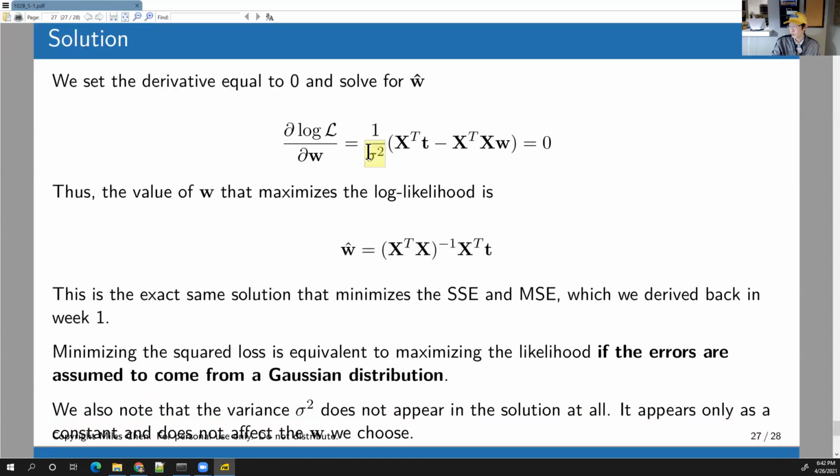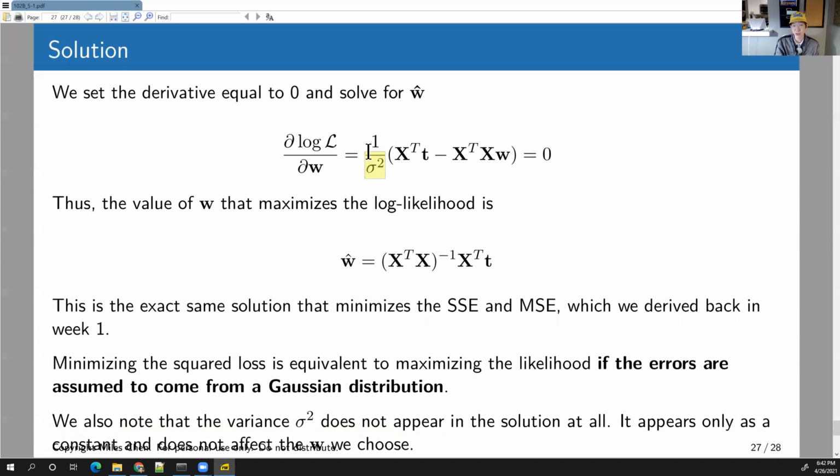So whether you have a high amount of noise or a low amount of noise, as long as it's Gaussian and constant, it's going to just drop out. The solution for the W hat that we should pick doesn't care what sigma squared is.